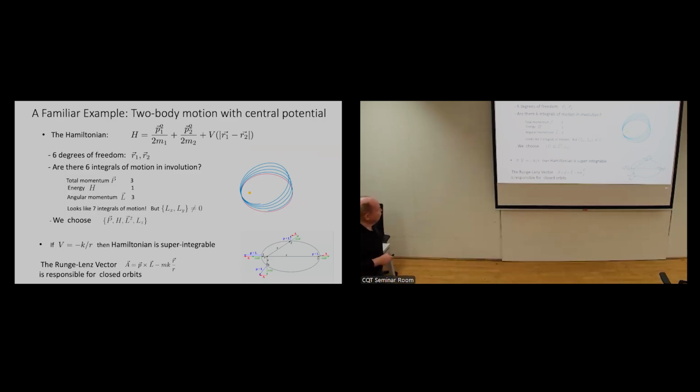However, if the potential is not only depending on the distance, but has a particular form, namely it depends on one of them, there is an additional conservation law called the Runge-Lenz vector, given here by the momentum cross the angular momentum minus mk over the absolute value of r, and it keeps the system not only evolving in the plane, but maintaining a closed ellipse.